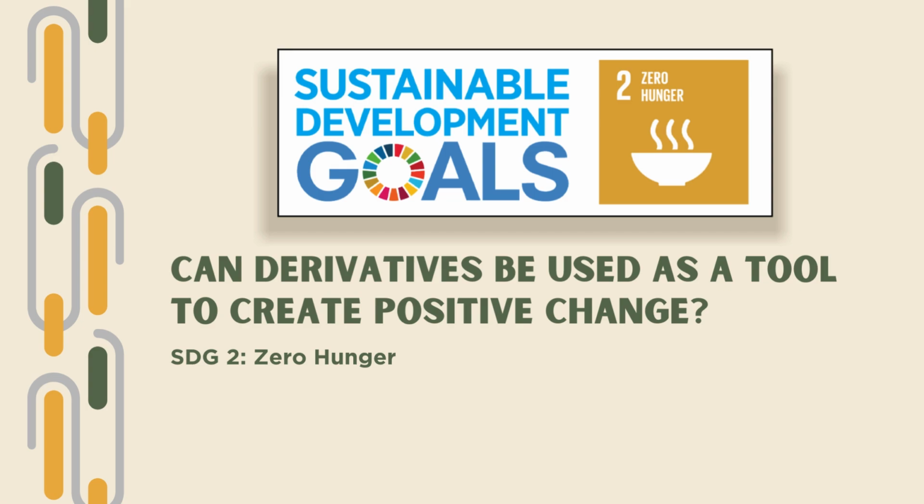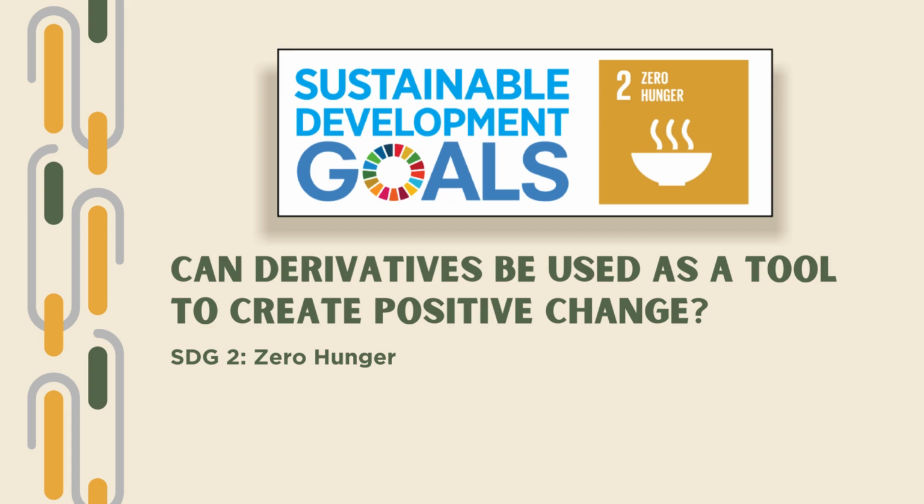Hi everyone, my name is Iwana, and in this presentation, I'd like to share my experience and insight from my SDG project. The big question I explored was, can derivatives be used as a tool to create positive change? For my focus, I chose SDG 2 Zero Hunger, which aims to end hunger, achieve food security, and promote sustainable agriculture by 2030.